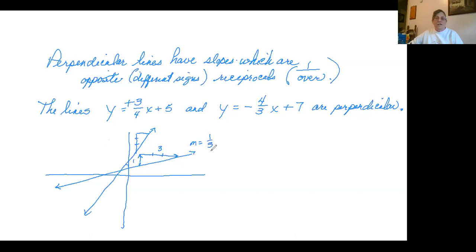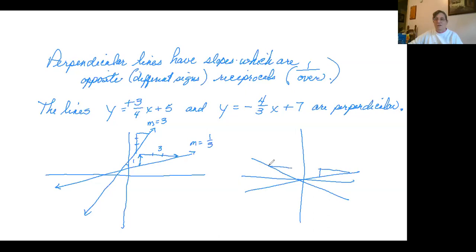If I took a negative 1/3, so let's say this is about 3, a negative 1/3 would be about like this, where this and this were about the same lengths, but one's going down and the other one's going up.